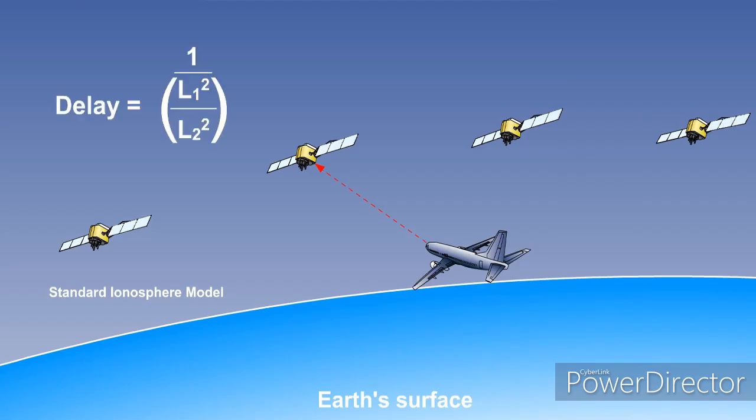The ionospheric delay is inversely proportional to the square of the frequencies used by the satellite. As 2 different frequencies will experience different delays, by measuring the difference in the arrival time of the 2 signals, it is possible to deduce the total delay experienced, hence minimizing the error. The error for single frequency operations is 5 meters.